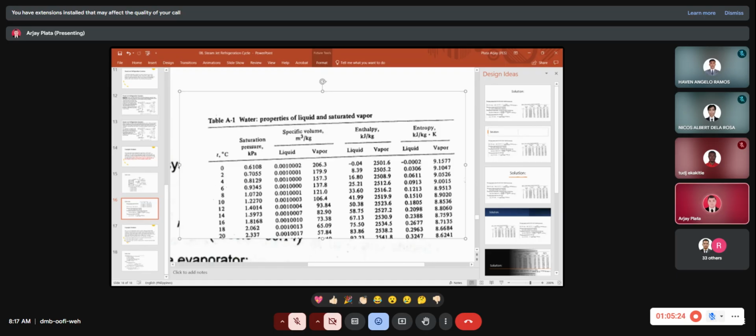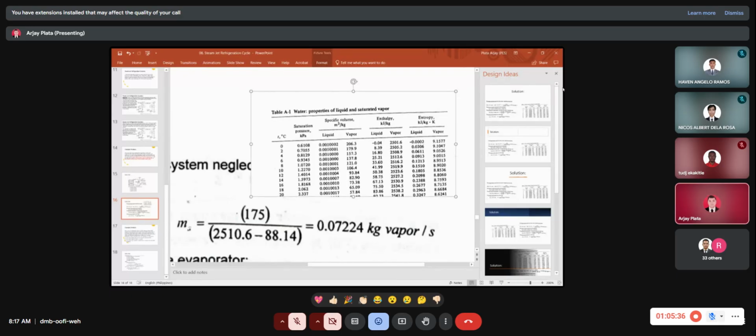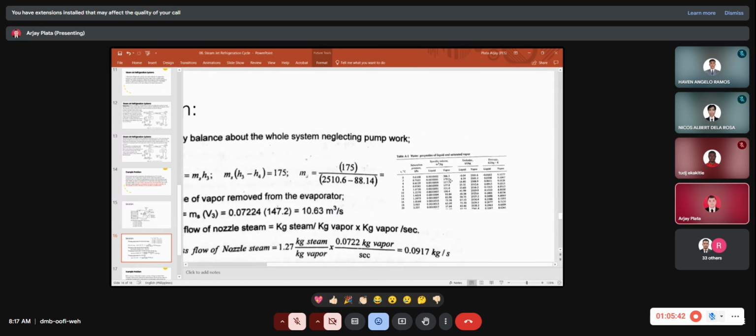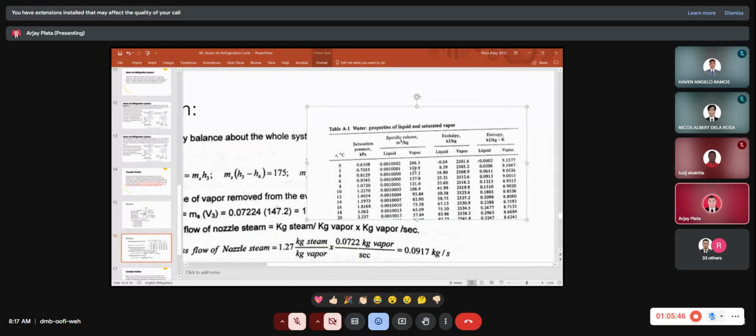Paki-interpolate nga kung tama, kung 147. Wala lang akong calculator. So the value is 157.3 and 137.8.